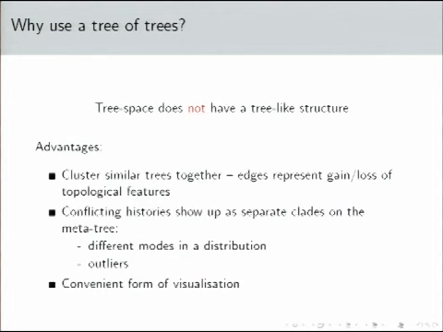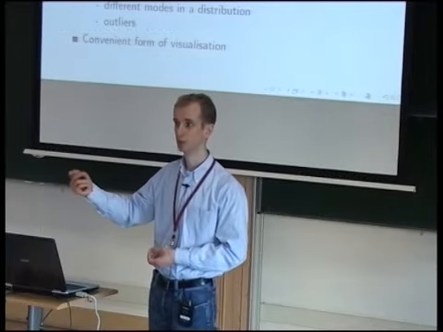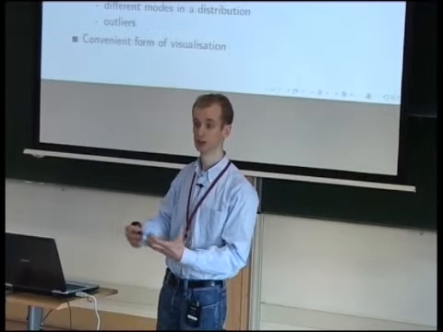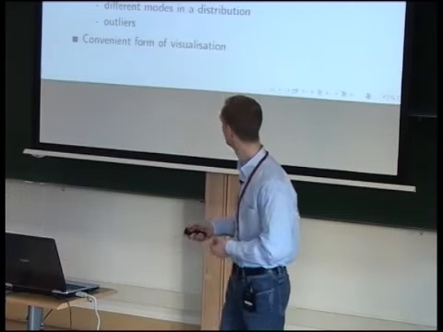We might have different clades on the meta-tree that represent, for example, different modes in a distribution, or maybe outliers. If there's a tree that's very different from all the other trees, it will show up as an outlier on the meta-tree, enabling us to detect these unusual topologies.